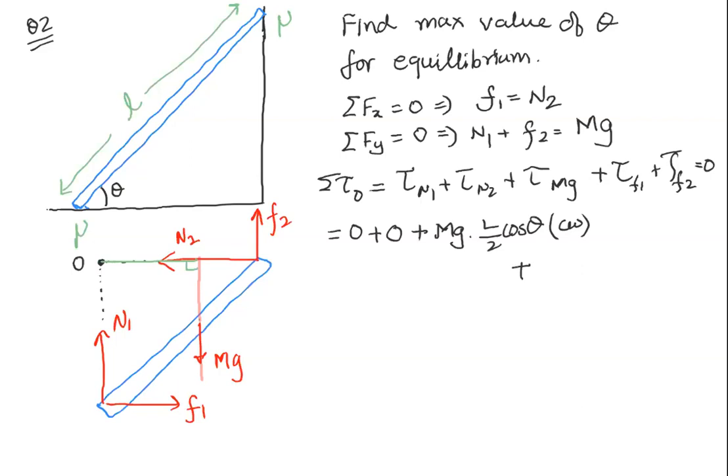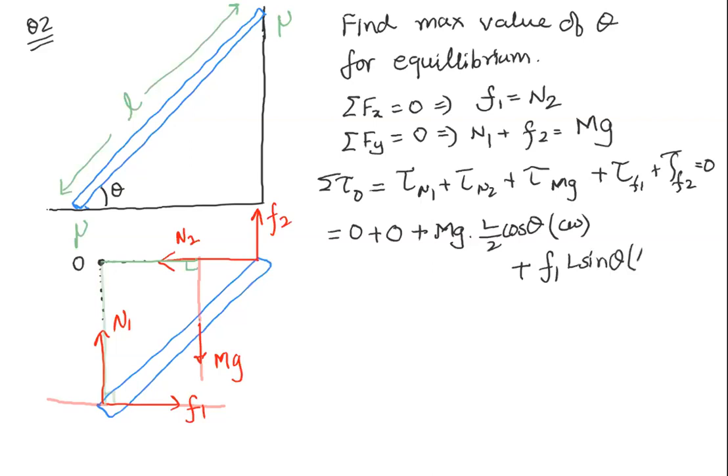Plus torque due to F1. So I will extend. Actually, I don't need to extend. Drop a perpendicular. So this will be equal to F1 multiplied by this perpendicular distance, which is equal to L sine theta.